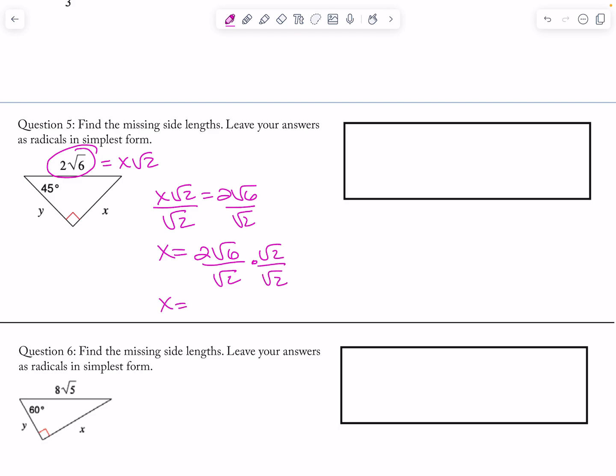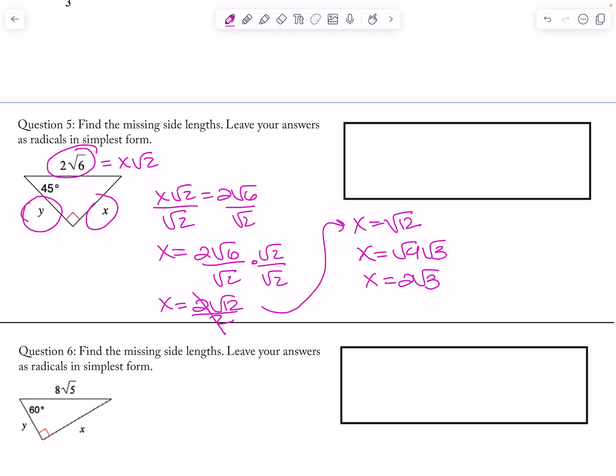So I get x is equal to 2 root 12 over 2. My 2's cancel out, so I'm left with x is equal to root 12. Root 12 is the same thing as root 4 times root 3, so x is equal to 2 root 3. And both x and y are the same because it's an isosceles triangle. So they're both equal to 2 root 3.